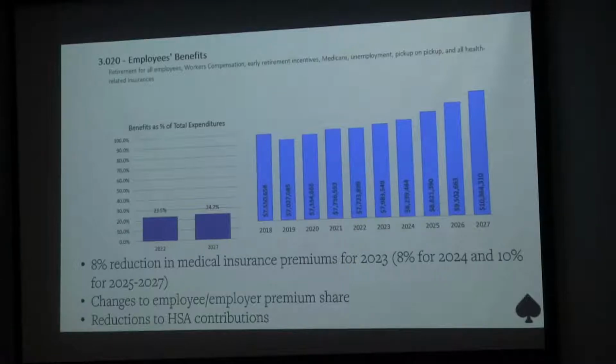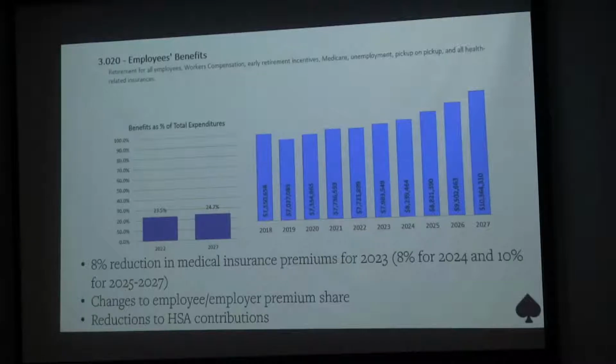So that's huge. That is due to the efforts of the collective bargaining process and plan design changes that we have implemented. It's also due to the fact that we go out and solicit bids. So our insurance consultant goes out and solicits bids from the insurance carriers to make sure that they're being competitive in the market.